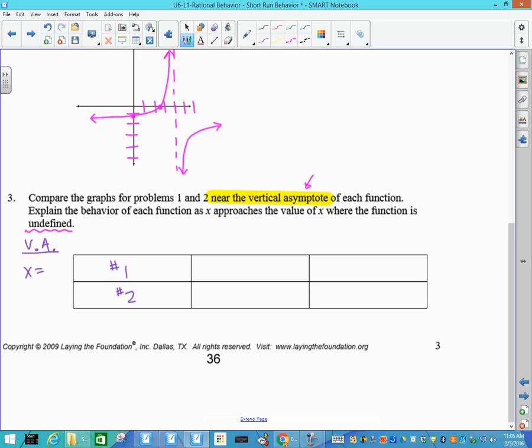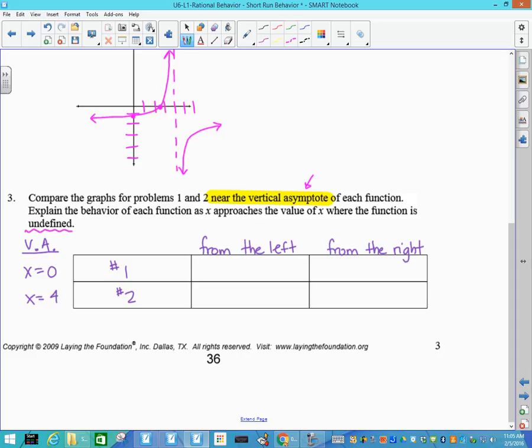So we have x equals 0. And then here, our vertical asymptote was x equals 4. And what I want you to do is fill in this chart when we're talking about approaching our vertical asymptote from the left and from the right.